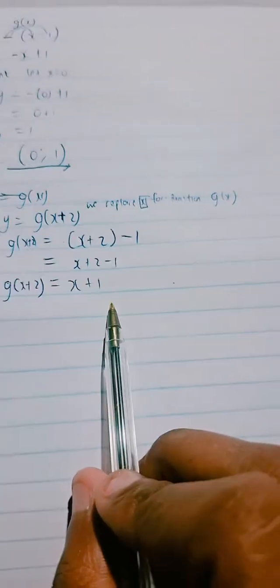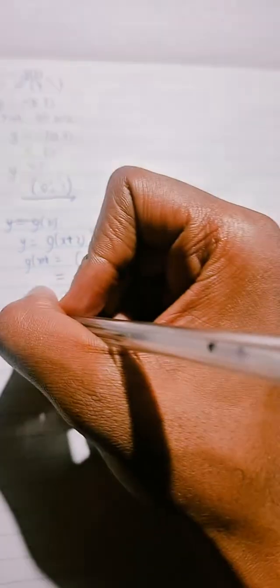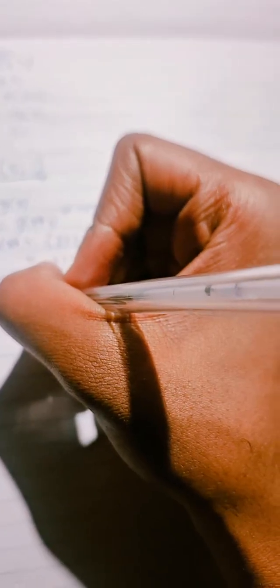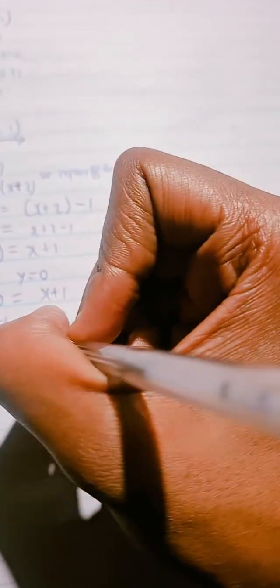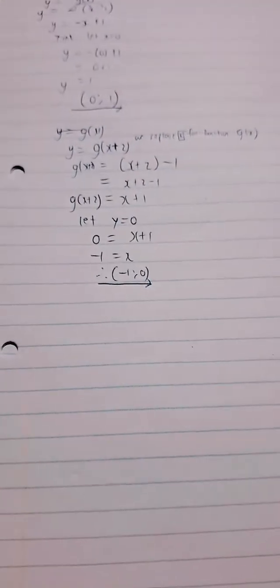So that's g of x plus 2. But what do they want? The x-intercept. If they want the x-intercept, we let y be equal to 0. So 0 is equal to x plus 1. We transpose: x is equal to negative 1. The coordinates are (negative 1, 0).